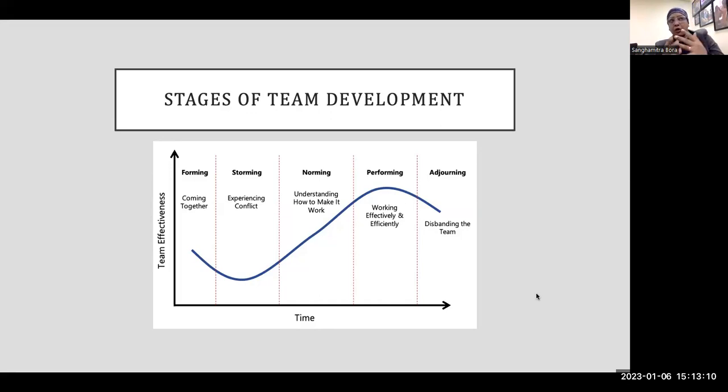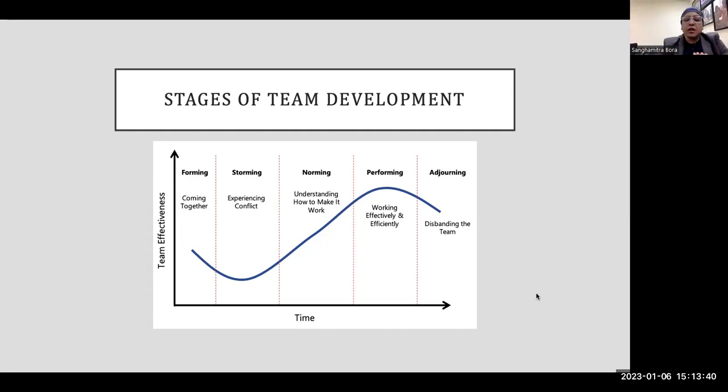One, we can actually anticipate which stage we are in, and what we are going to face in the future, and how we are going to tackle them. And secondly, when we can anticipate properly, we can already try out some strategy to curtail the bad effects of that particular anticipation.